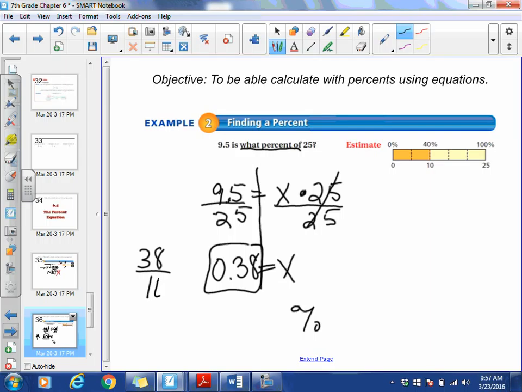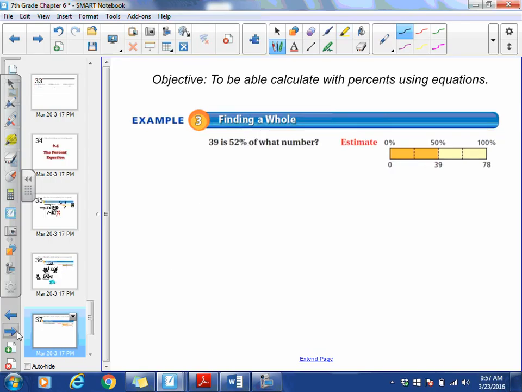So 38 hundredths means 38 out of 100, which means 38%. And then let's just make sure that this makes sense. 9.5 is 38% of 25. 38% is less than half. 50% would be half. 9.5 is less than half of 25, so it seems like a fairly reasonable answer.